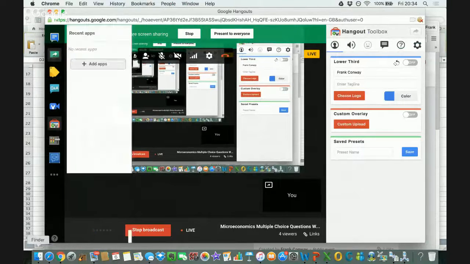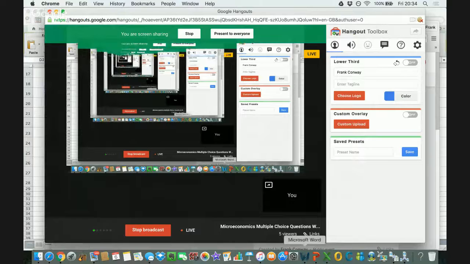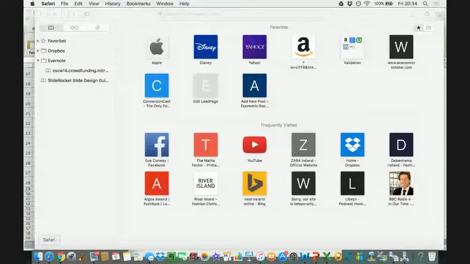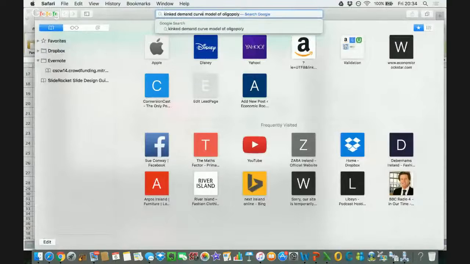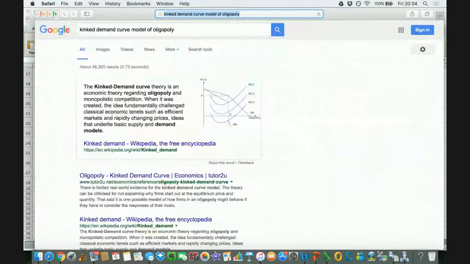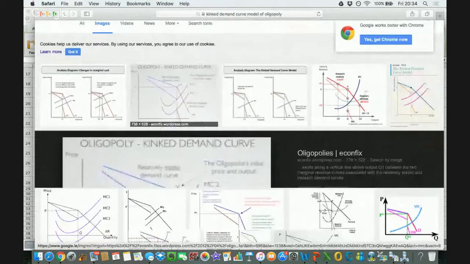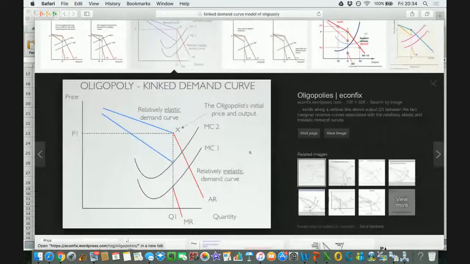Okay, go back out of that, sorry. Okay, so here we have a typical oligopoly with a kinked demand curve.